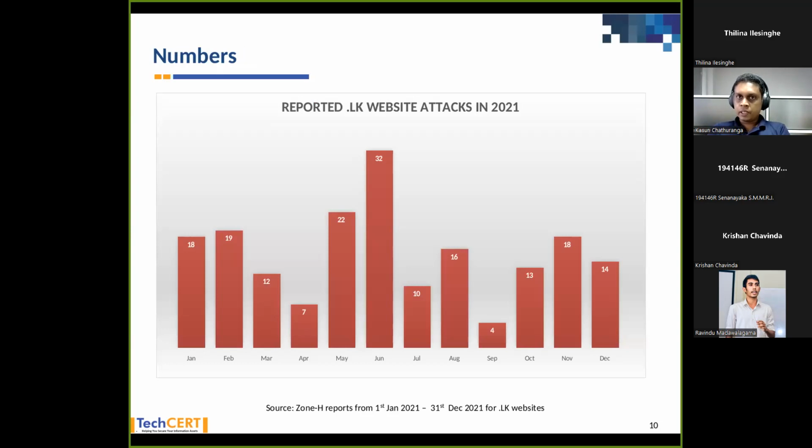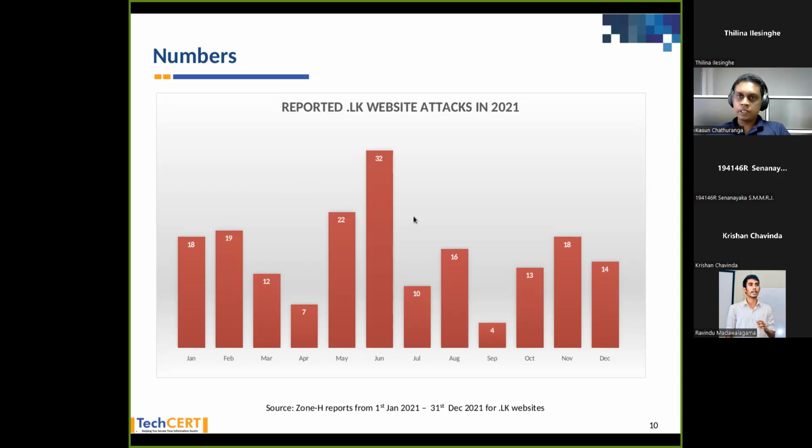These are only reported incidents, and only those with a .lk name. So we think this is only the tip of the iceberg, and the amount highlighted here represents about 20% or less of the website intrusions in Sri Lanka.